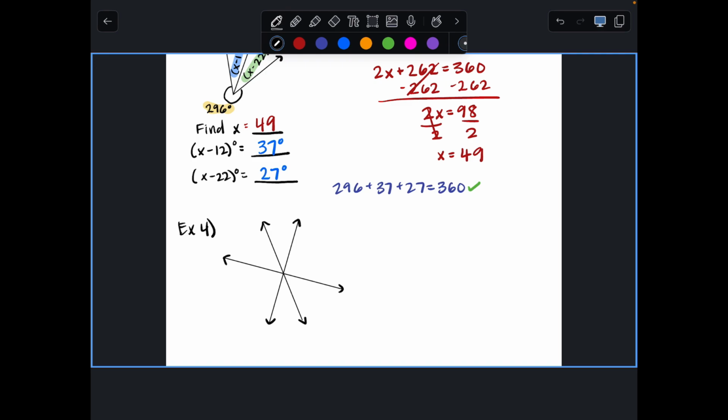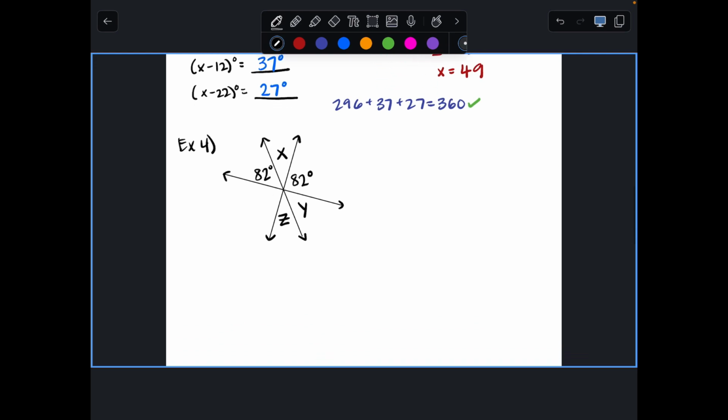I have X, Y, and Z. And I know that these two are 82 degrees. Find X, find Y, and find Z.